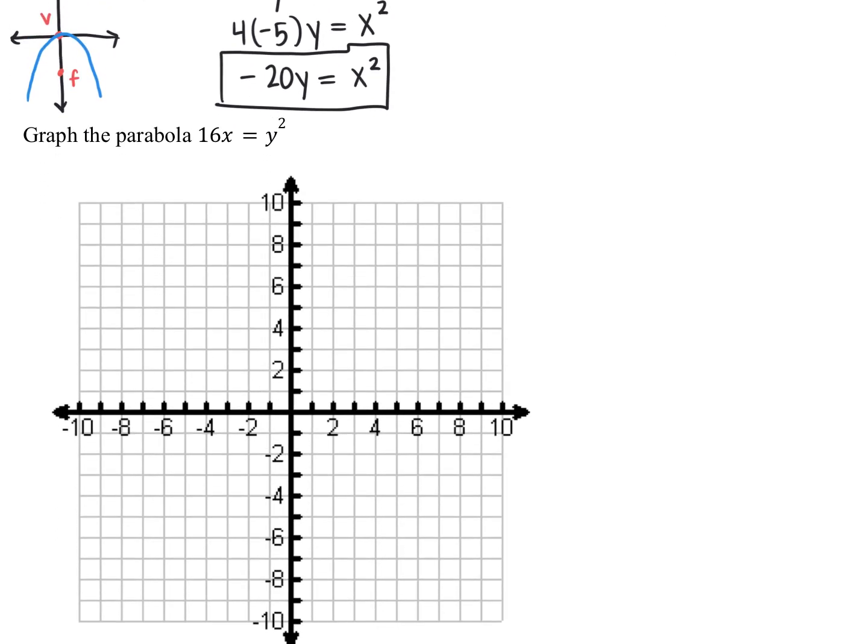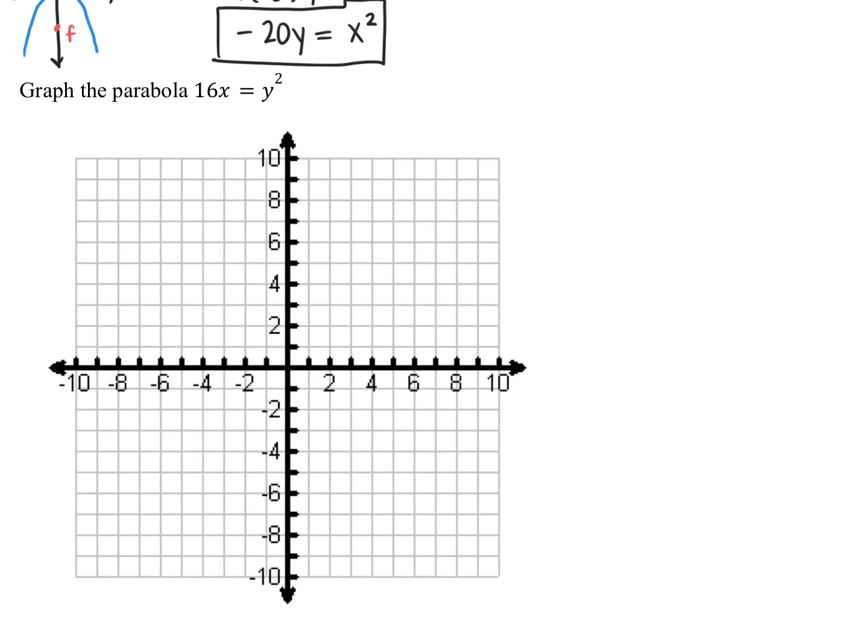Now we're going to talk about how to graph a parabola from an equation. So we have the equation 16x equals y squared. The first thing I want to do is figure out which direction this parabola opens. Because the y variable is squared, that tells me it opens to the left or the right. And because I have a positive 4a, it tells me it opens to the right.